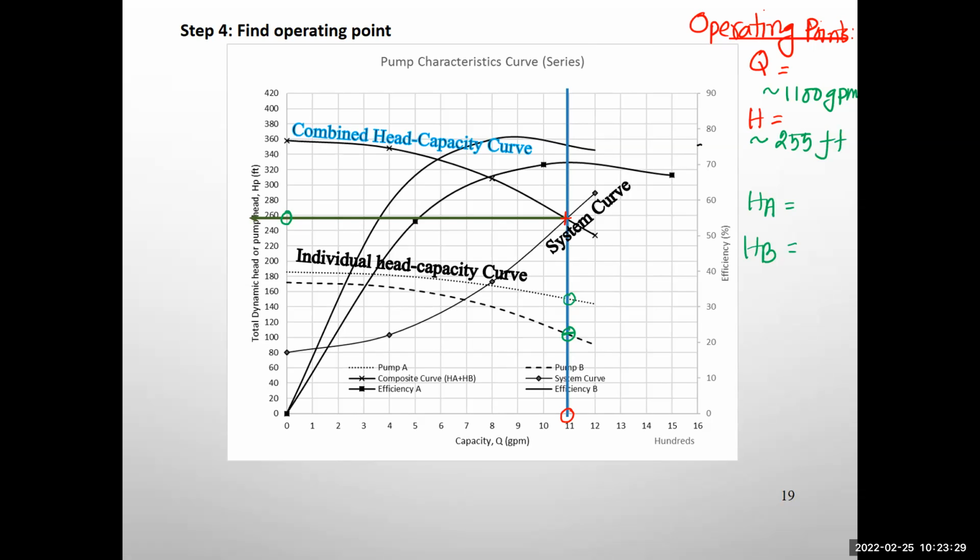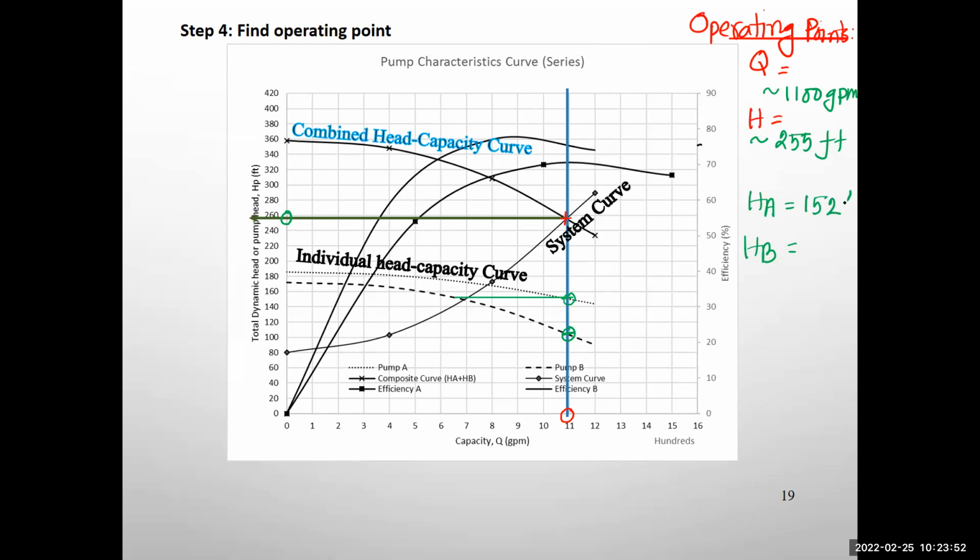Okay, so what value you got for pump A? Something around 150 maybe, or what? Yes, ma'am, 150 something. Okay, 152. Great.